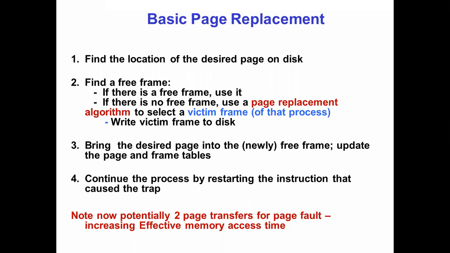There are a number of page replacement algorithms, and this happens when there is a page fault. Whenever we face the page fault condition, the operating system will use the algorithm to replace the page. So write the victim frame to disk.